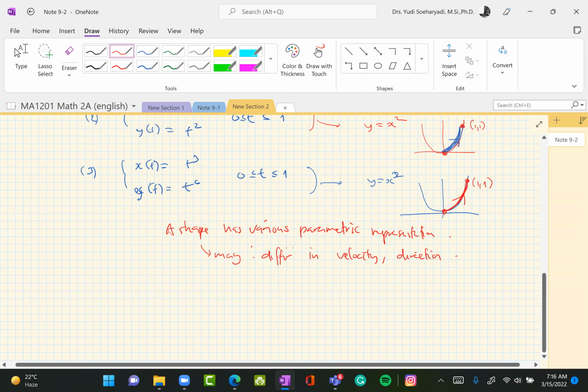Okay, let's see. Another example is one that you know. Suppose you have x equals cosine t, y equals sine t, t from 0 to pi. So you have only this part here.